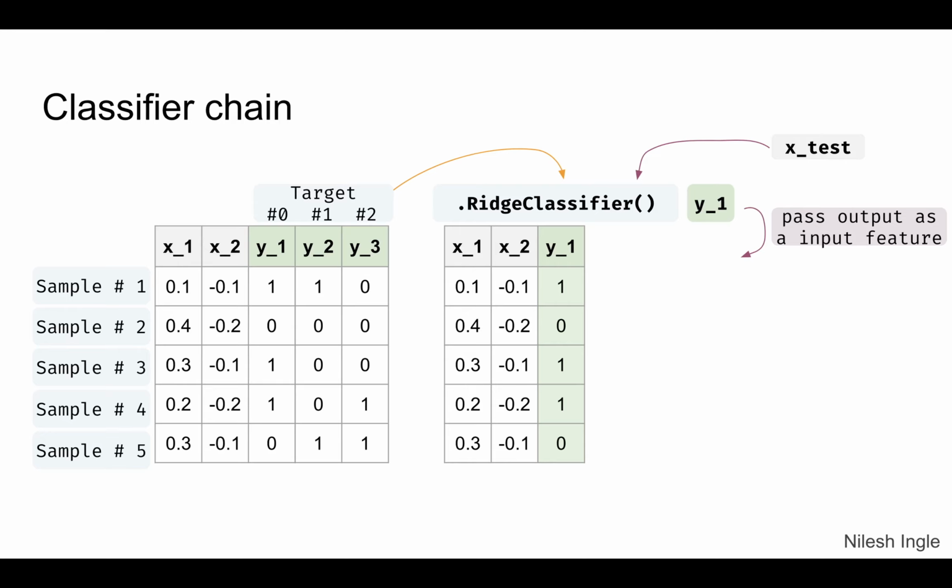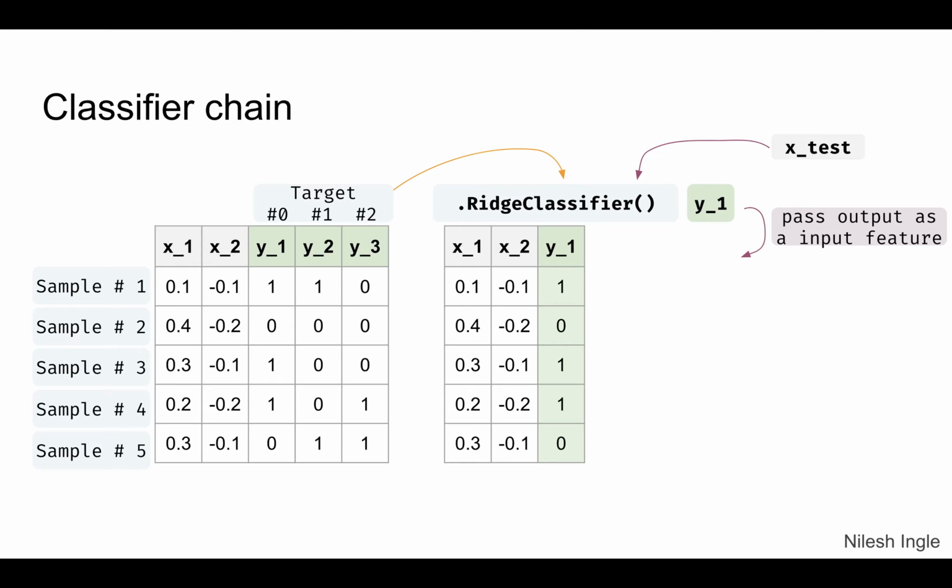So let's say we are using a ridge classifier in a classifier chain, and we are trying to create three different classifier models in the chain. The first model will take all the features, x1 and x2, and just one target, y1, and then predict an output.